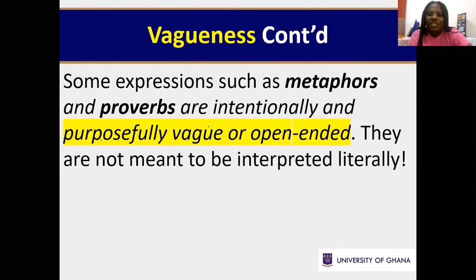Some expressions, such as metaphors and proverbs, speak in a kind of figurative way. Metaphor: "She is a pig." When I say she is a pig, as a patient, or the husband of a patient speaking about my wife to my doctor, you shouldn't say, "Oh, how can you say that about your wife?"